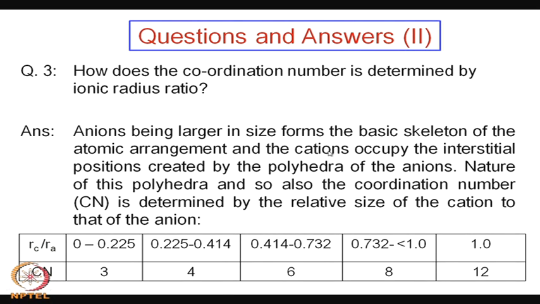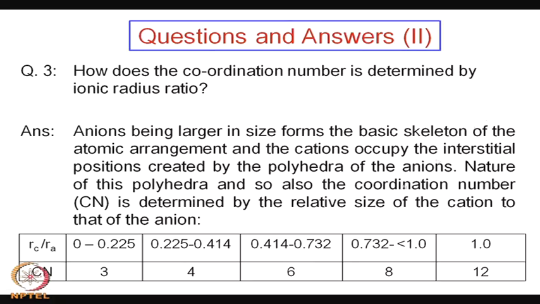If you consider the equilibrium distance of separation, then the anions will touch each other earlier than the cations. Okay. So, therefore, the anions being larger in size form the skeleton, whereas for the cations, even after the anions touch each other or come to the closest packed position, they form voids, and those voids are sufficient for the cations to be accommodated there, and those are the interstitial sites.